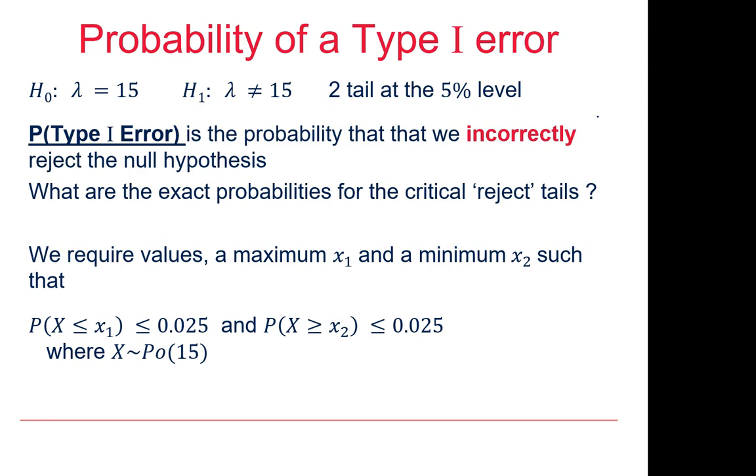This time we need to look at the low end for a maximum value, where getting up to and including that value keeps us below 2.5% for that tail, and a minimum top value such that getting that value or more is also less than 2.5%, where our random variable follows a Poisson distribution with mean 15.